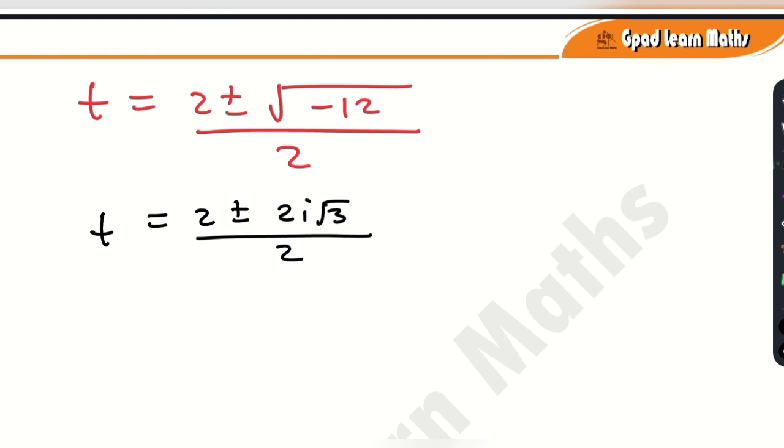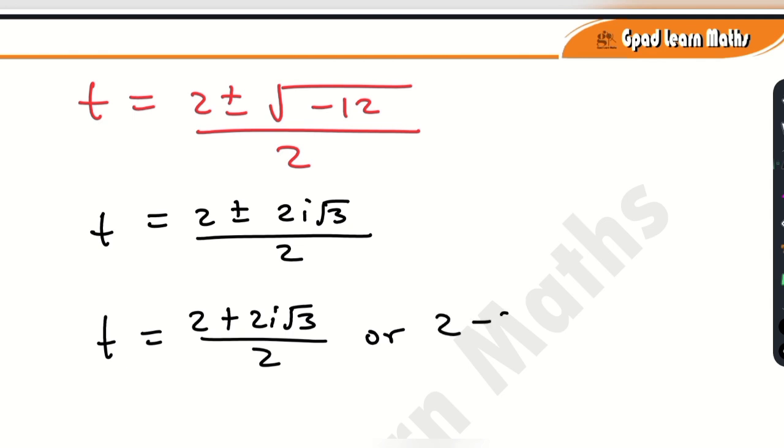Now t will be equal to, I can use this 2 to divide 2 and 2i root 3. So I'm going to write it like this: 2 plus 2i root 3 over 2, or, because this is plus or minus, you have 2 minus 2i root 3 over 2.